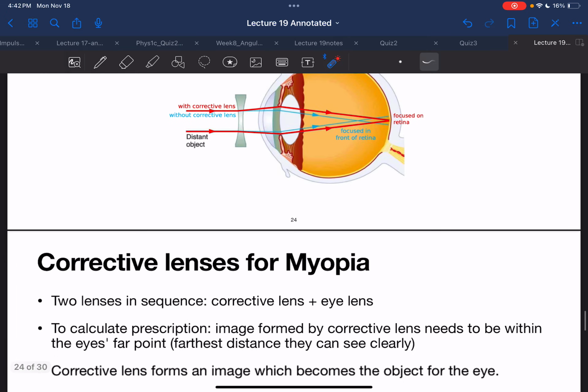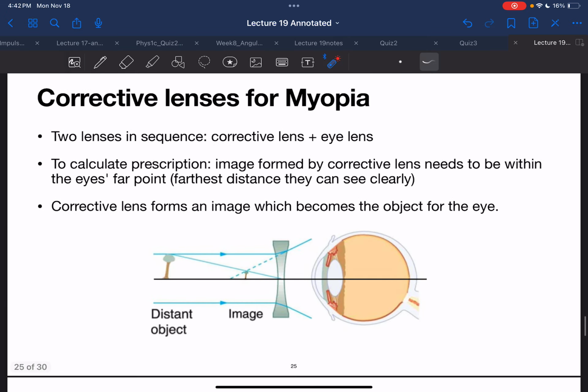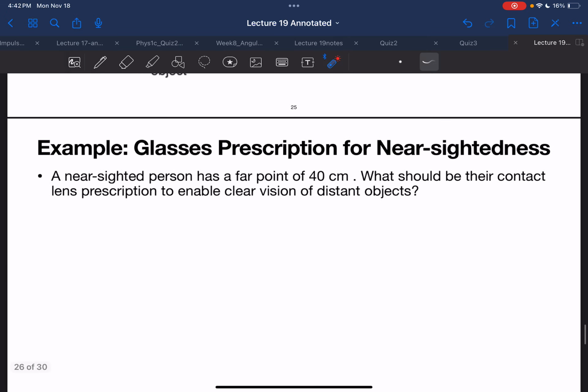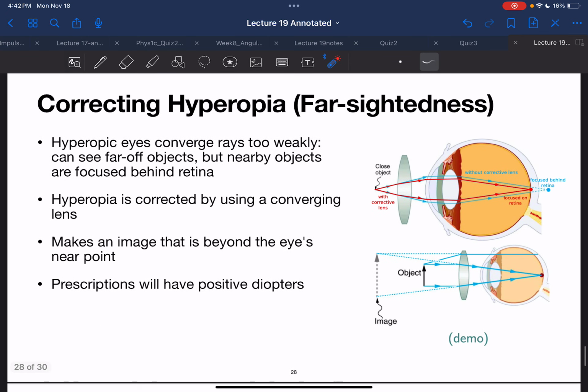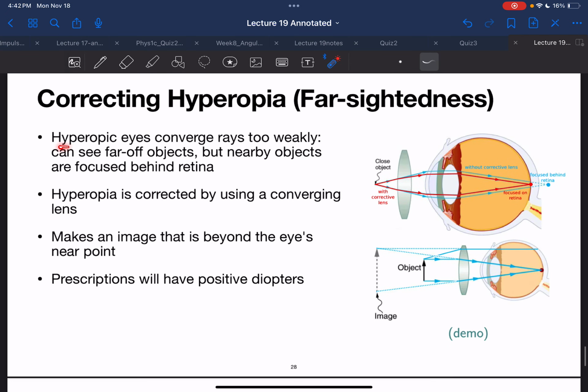And you can guess, on the other hand, let's go ahead and go to the other case. If you have hyperopic eyes, basically the focus is happening back here.